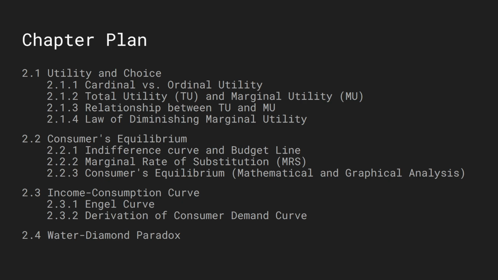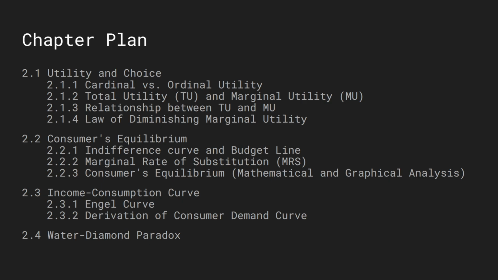The key points are utility and choice, consumers equilibrium, income consumption curve, and water diamond paradox. In utility and choice, we're going to talk about cardinal versus ordinal utility, total utility and marginal utility, TU and MU, relationships between TU and MU, and the law of diminishing marginal utility.